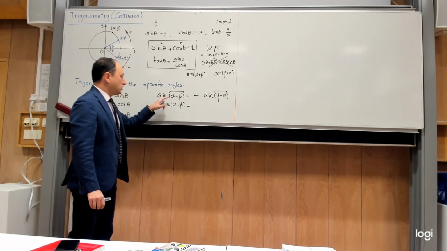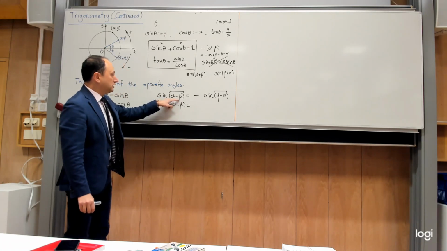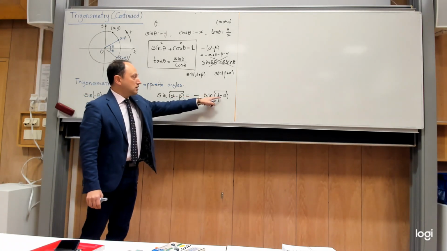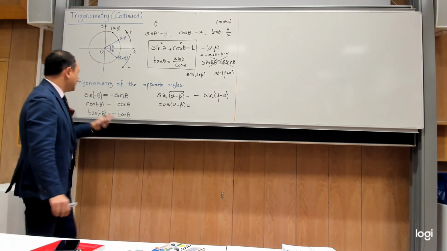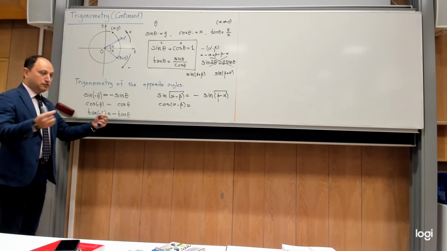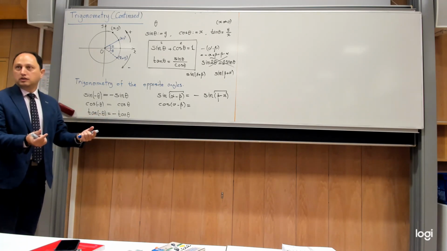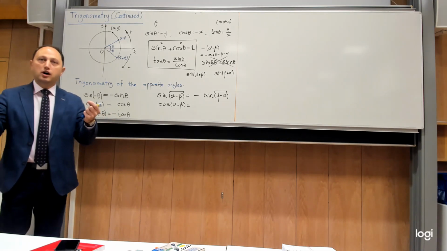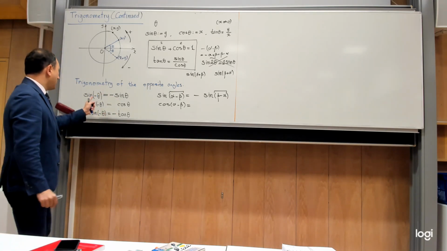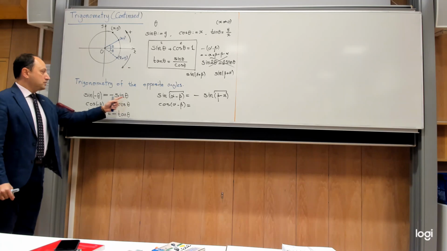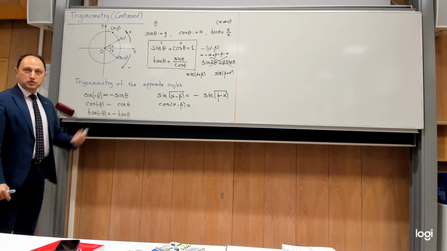Yes? So I'm telling you that alpha minus beta and beta minus alpha are opposite angles. Do you agree? Yes. What is the meaning of opposite angles? It means that if you add them up, it becomes 0. When I say 2 and minus 2 are opposite, it means that when I add them, it becomes 0. Yes? So here, minus theta and theta are opposite. Why? Because if I add them, it becomes 0.